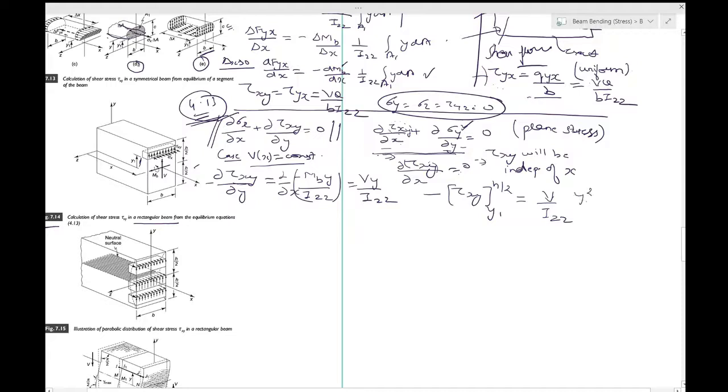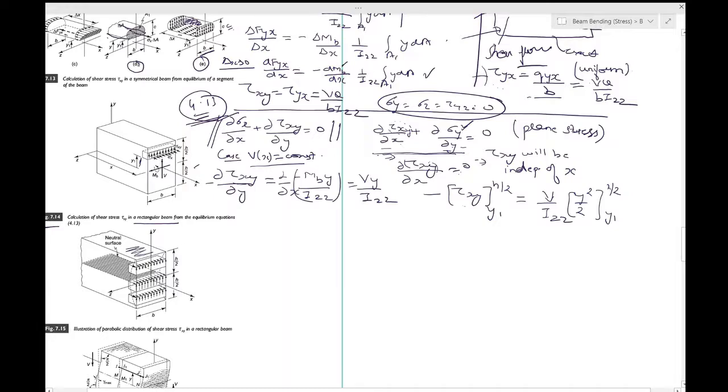This is y square by 2 between h by 2 and y1. Now we have to put in these limits. This integration ends at the exposed top surface, and remember there was no shear stress on this top surface. That is why the comment was made that tau xy, tau yx, is 0 on this surface, and the same would be happening on this top surface as well.